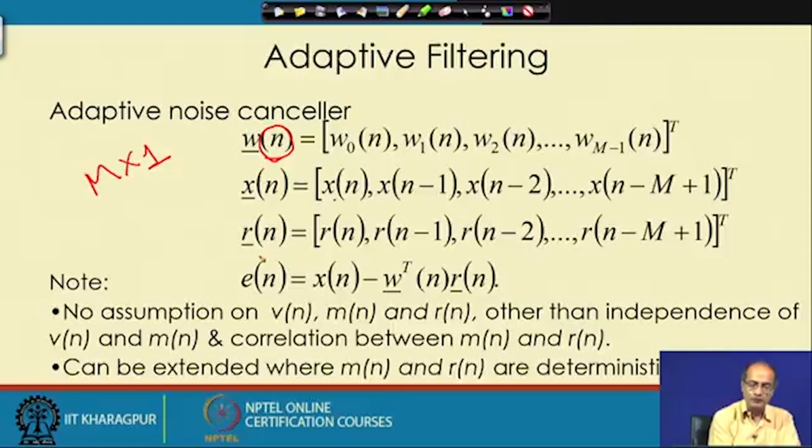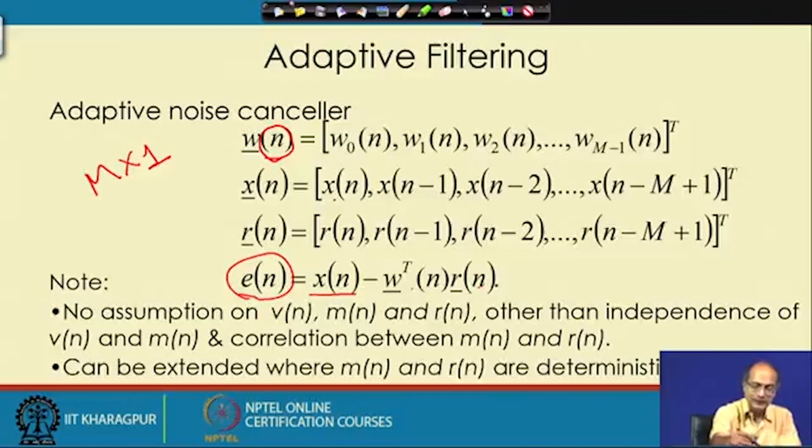And in this scenario, the output of the noise canceller, En, is nothing but the difference of the observed signal and the dot product of the weight and the reference input Rn.